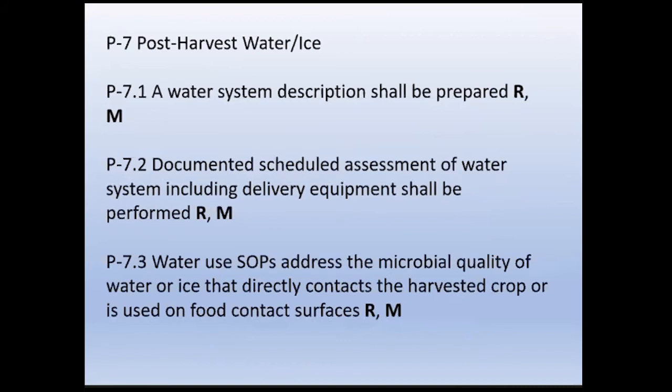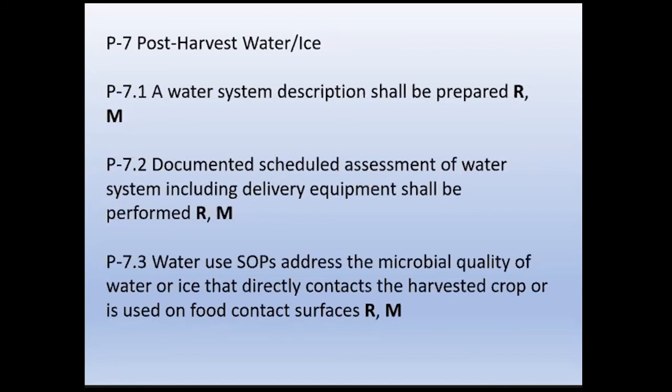So this is specific for your packing house operation. It's going to include your water system description, regardless of whether you're using groundwater or municipal water, okay? So both groundwater and municipal water would be something that you would definitely want to describe the system. Again, records required, and it is mandatory.